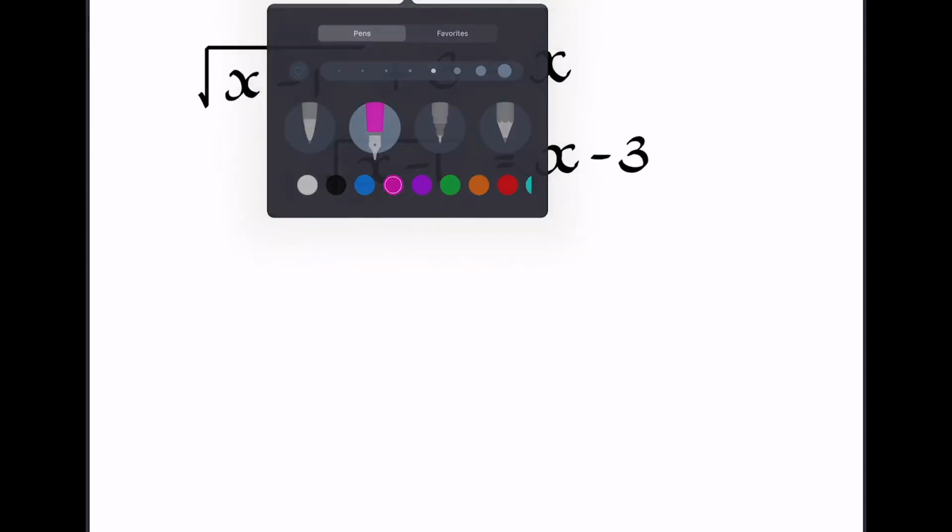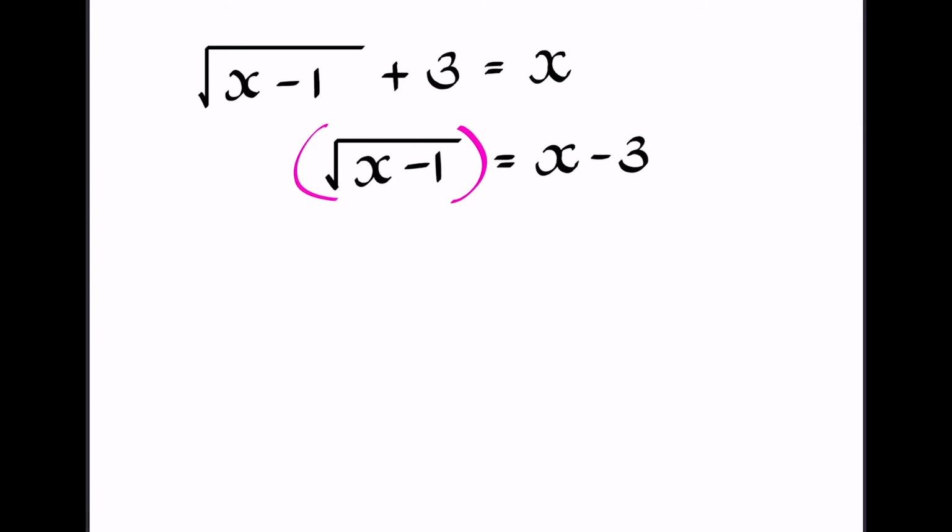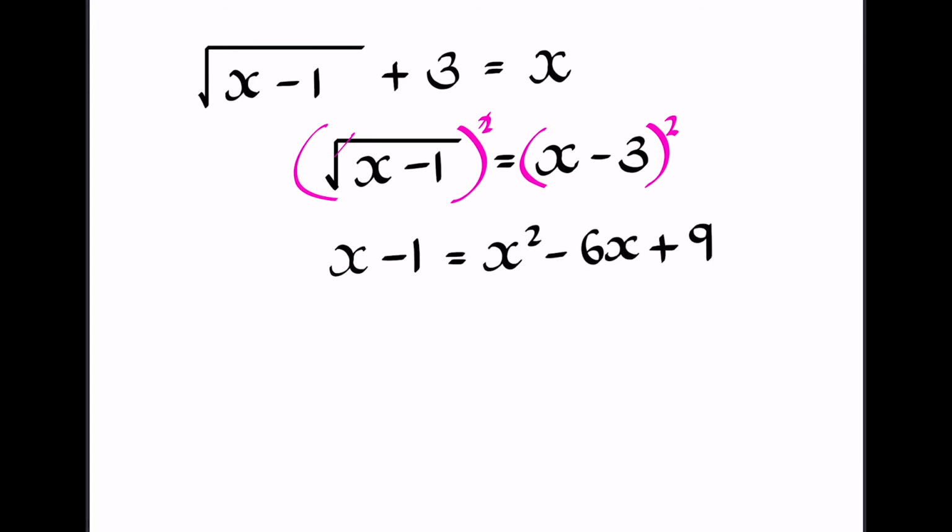To get rid of this square root, I'm going to square so that the square root cancels with the square. What I do to the one side, I'm going to do to the other side, so I'm going to square the other side too. So now I have x minus 1 equal to, when I square this out, I'm left with x squared minus 6x plus 9.